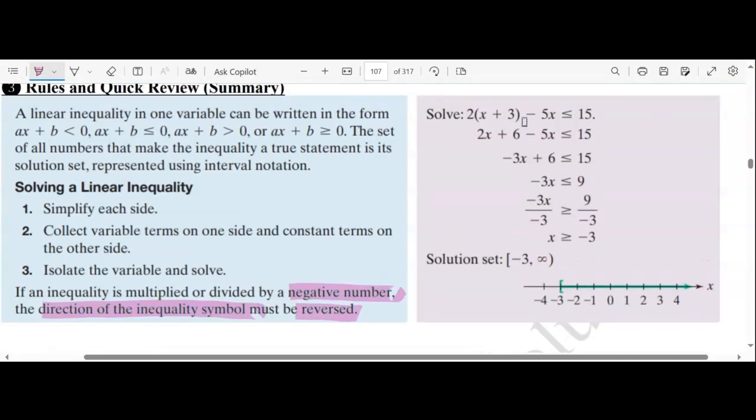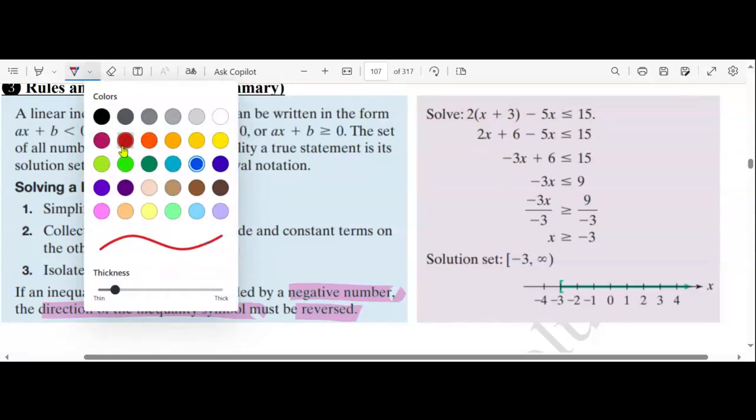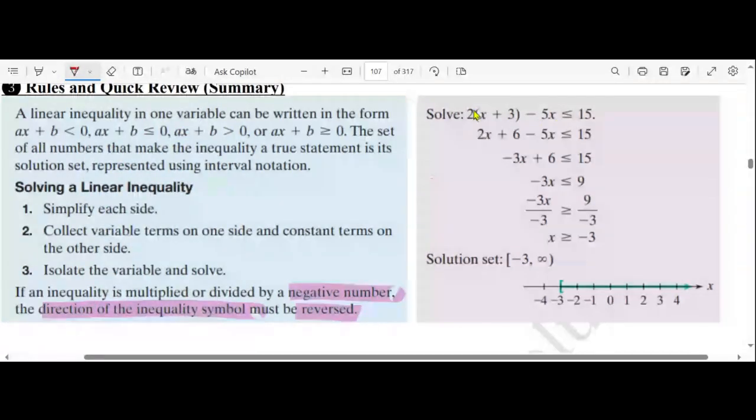So let's take an example here. Solve 2 times parentheses x plus 3, minus 5x, less than or equal to 15. What's the first thing you should do here? Who can tell me? I have to do distribution. After you do distribution, combine like terms. And then after this, you move.